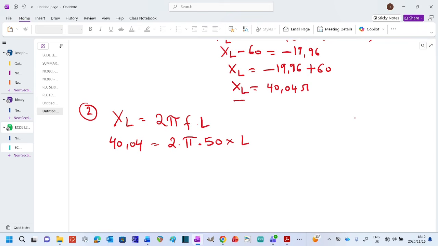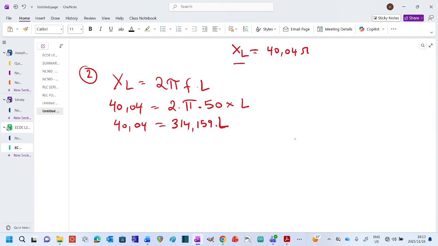So let's solve all of this. 40.04 equals 2 pi 50 L. So 2 pi times 50 gives me 314.159 times inductance. So L is still an unknown.